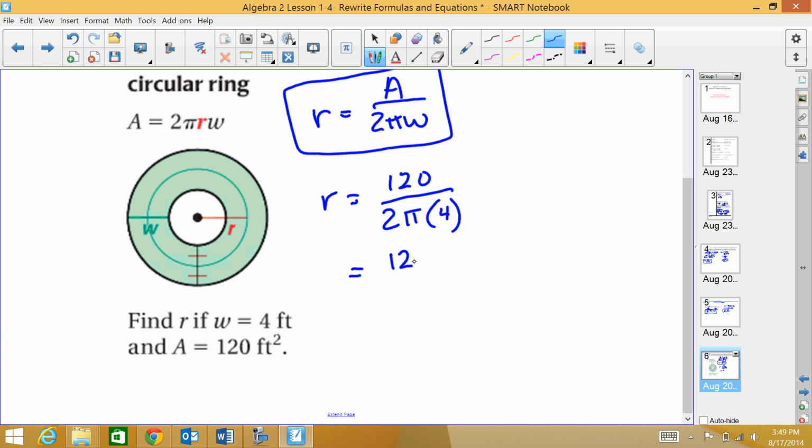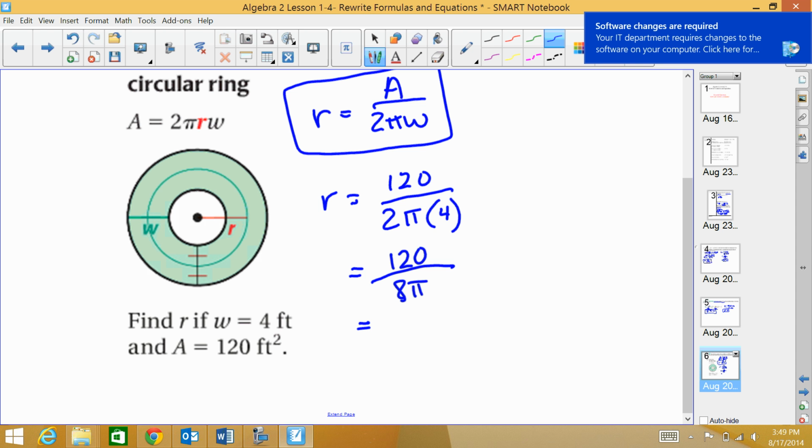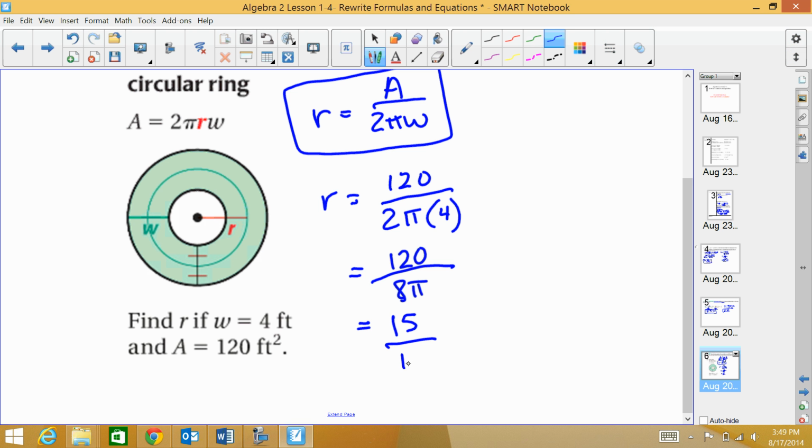And so I always work out the top separate from the bottom. So 2 pi times 4 would be 8 pi. And so then you can see if you can divide 120 by 8, which I believe you can. It's 15. So we get 15 over pi.